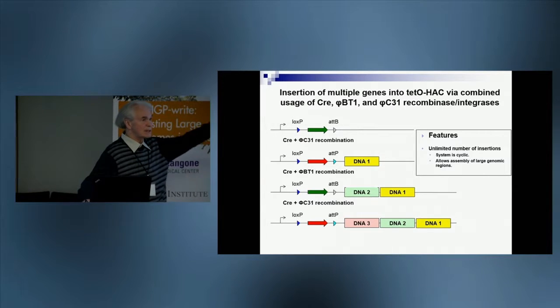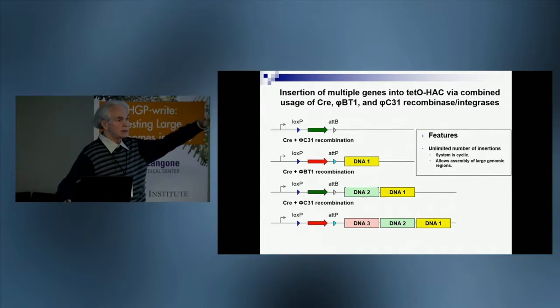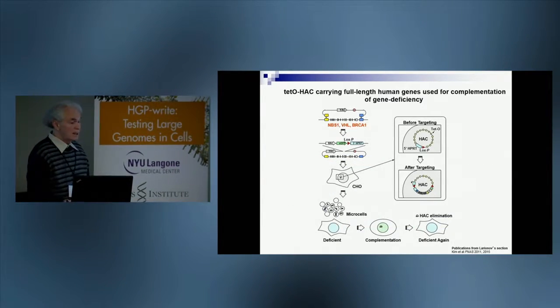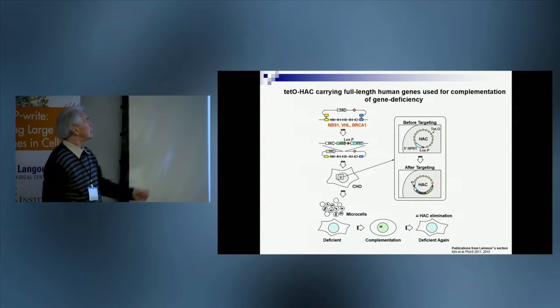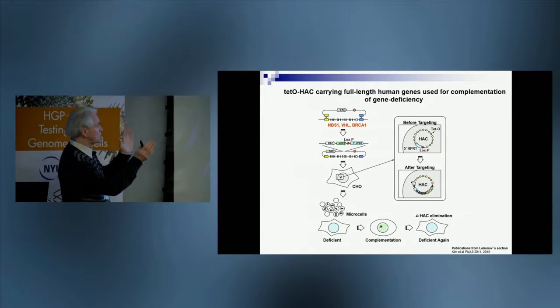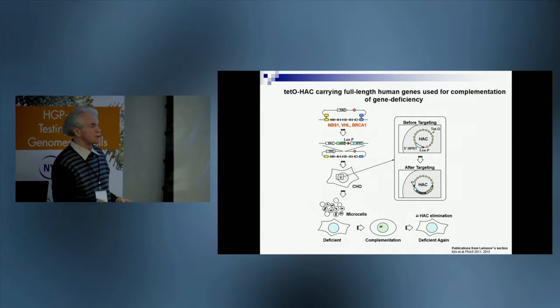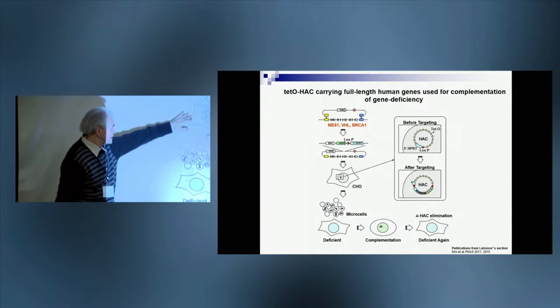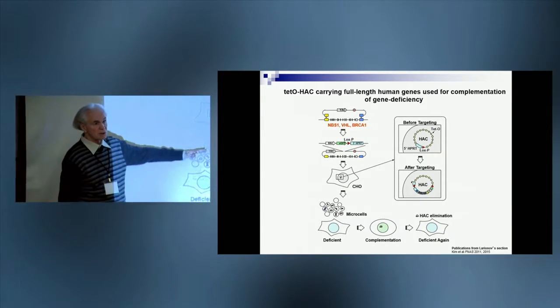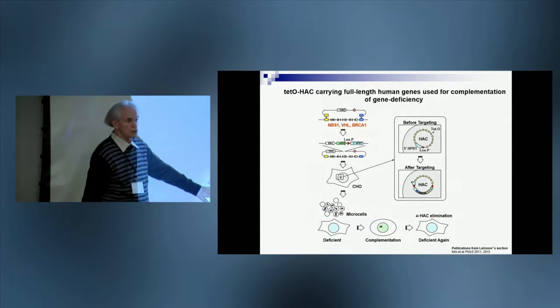We can introduce in the same locus into HAC. As a proof of principle, several human genes, including BRCA1, were loaded into human artificial chromosome propagated in CHO cells, and then transferred using microcell-mediated chromosome transfer procedure to deficient human cells.